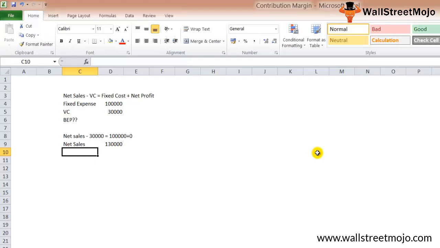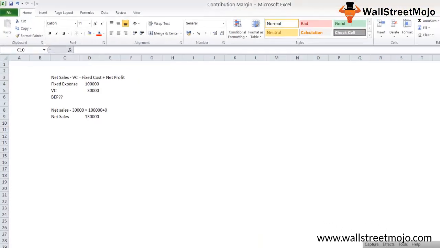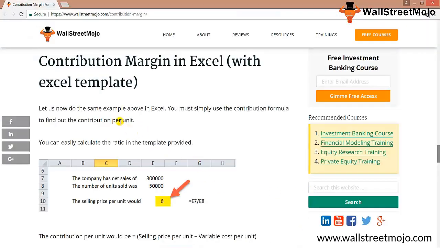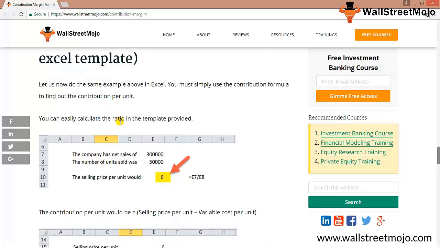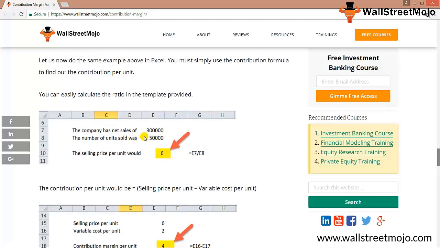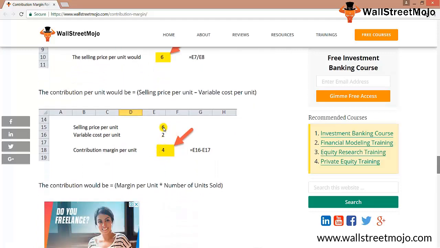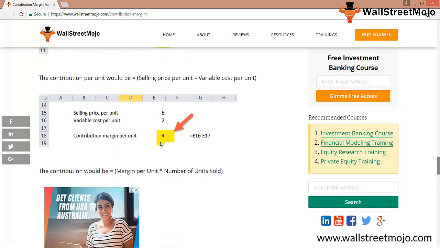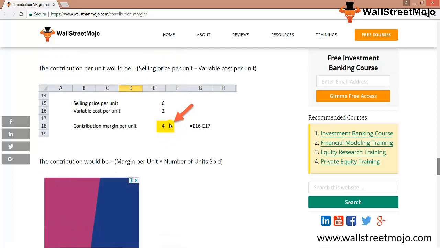Now we have almost calculated everything. We can also look at the contribution margin we have calculated in a more sophisticated way, in terms of the template here. You can easily calculate the ratio in the template provided. The company sold 50,000 units, the selling price per unit is 6, and the variable cost is 2, so the contribution margin per unit is 6 minus 2, that is 4.